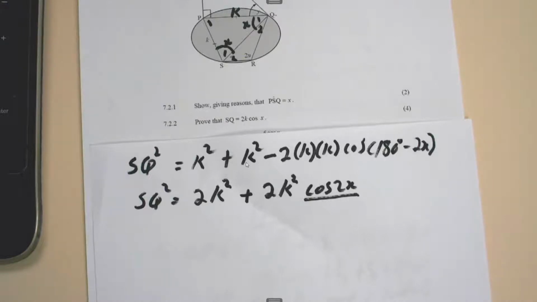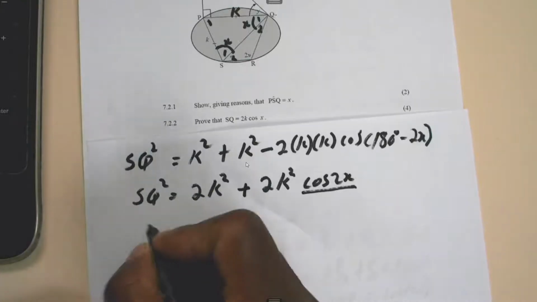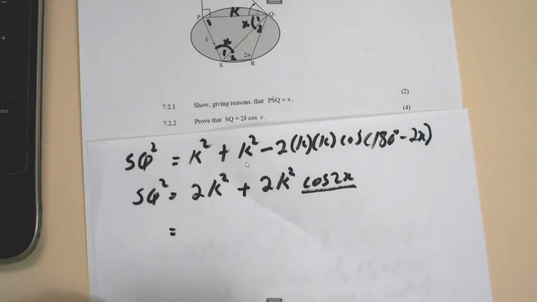But look at the question: the question has got cos. So we must apply the correct double angle identity. There are three: cos squared x minus sine squared x, or cos 2x is equal to 2 cos squared x minus 1, or 1 minus 2 sine squared x. The most relevant one will be the one with cos.